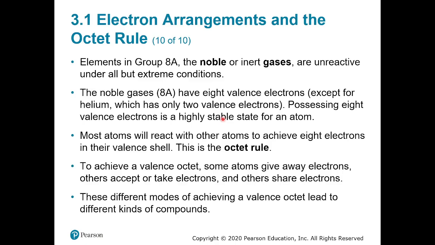Now, the use of electron dot symbols was first developed by the chemist G.N. Lewis. That's why it's going to end up being called Lewis structures in a little while. And again, these are going to show how electrons are shared to form covalent bonding.